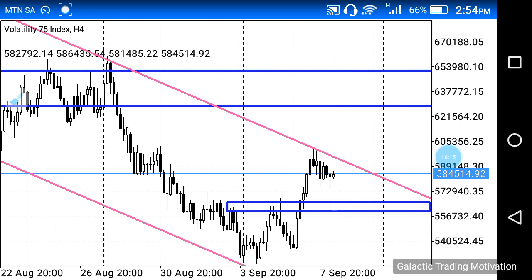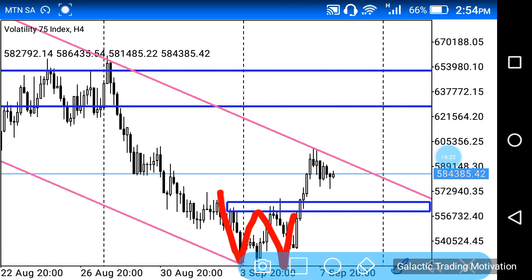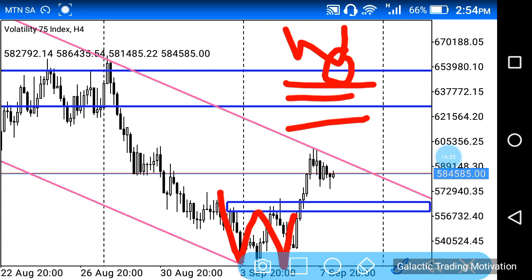I don't see much really, guys, but I also just want to point out one last thing, and that is that because we have this W structure over here, we know by now that a lot of traders and investors buy on the second leg of the W structure, and they place their stop losses just below, right? So what may actually happen is price may not actually bounce off this area.